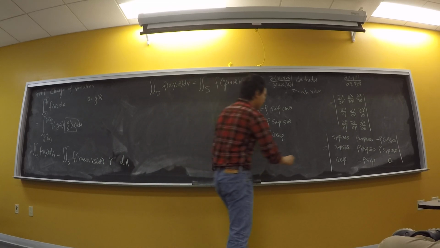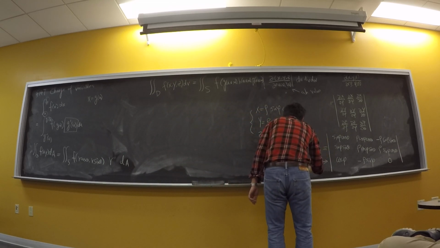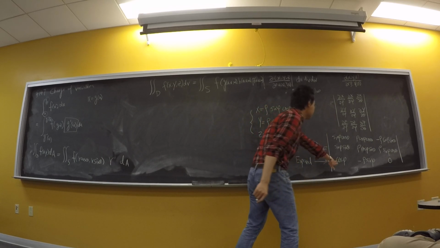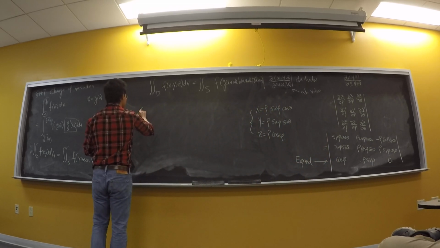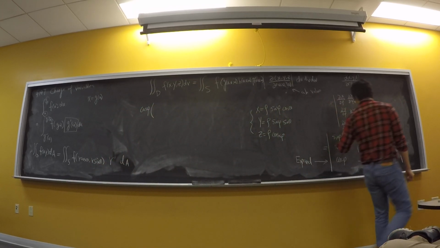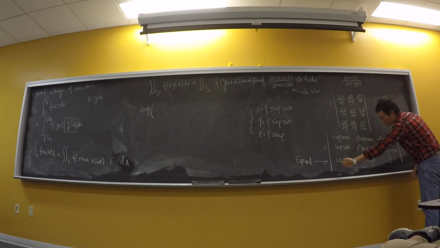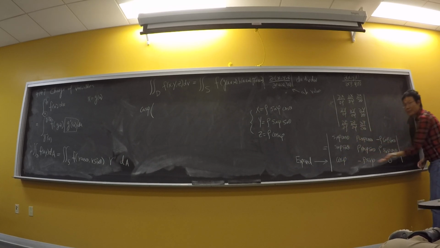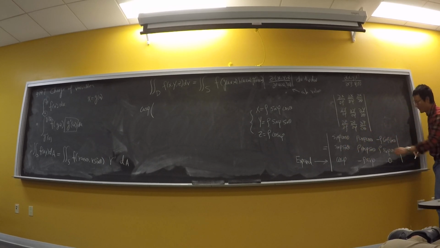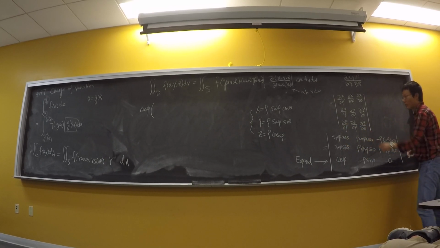The only thing I'm saying here is I want to expand with respect to the third row. So I have cosine phi right here. So cosine phi, then multiply by the 2 by 2 matrix when I delete this row and this column. I'm getting a 2 by 2 matrix. It's going to be rho square.